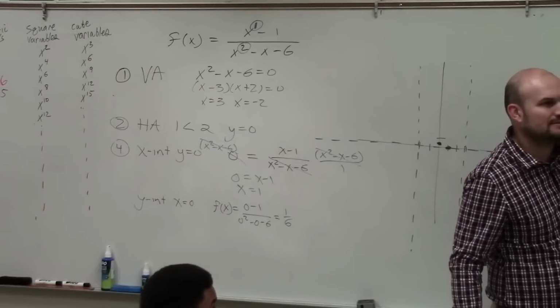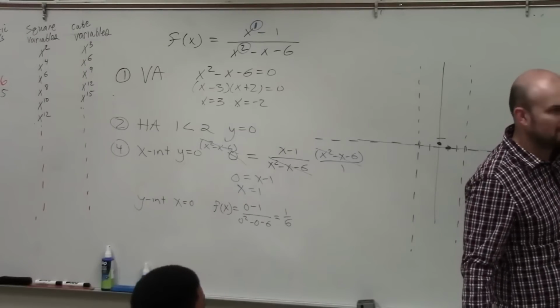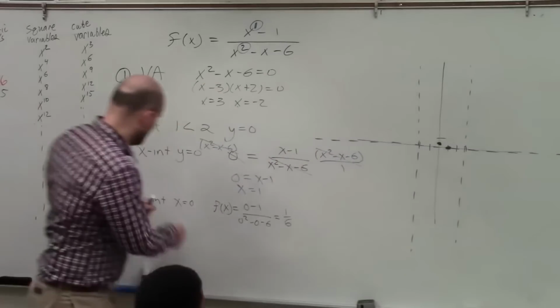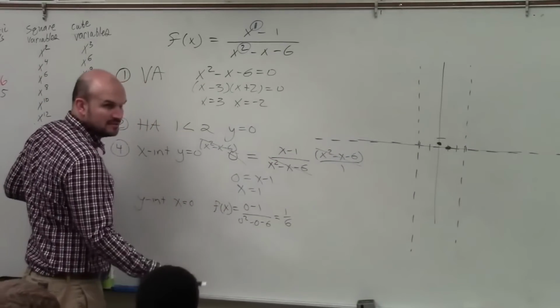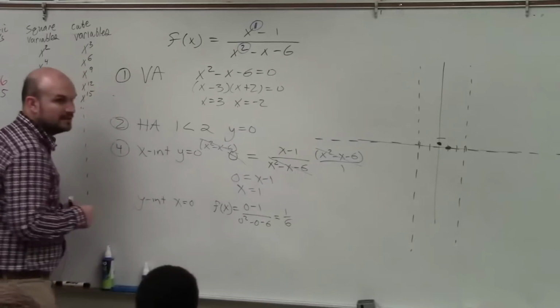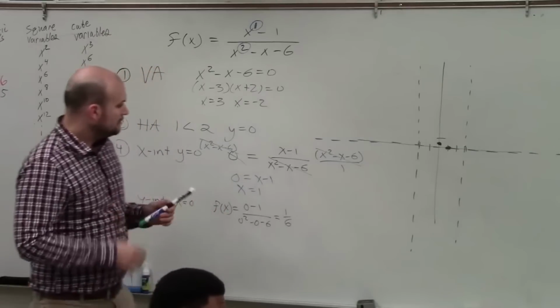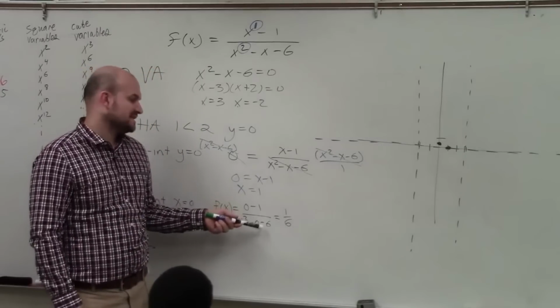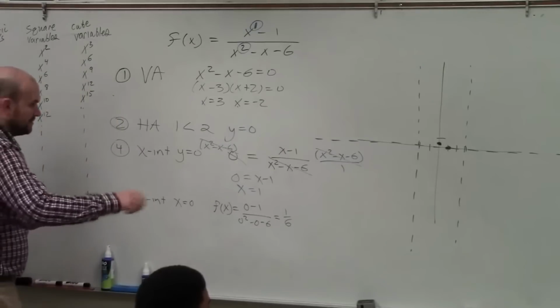The y-coordinate, right? At the y-intercept, what's equal to 0? The x-coordinate, right? So when I said I want to find the y-intercept, x equals 0, I plug 0 in for x. Make sense? Is it 1 over 6 or is it negative? It's negative 1 over negative 6, which reduces to 1 over 6. Yeah, just wait.